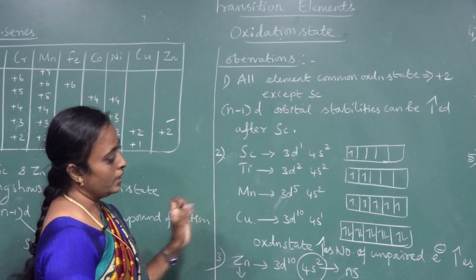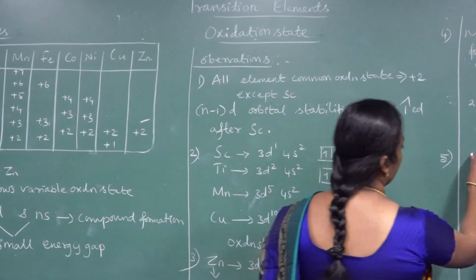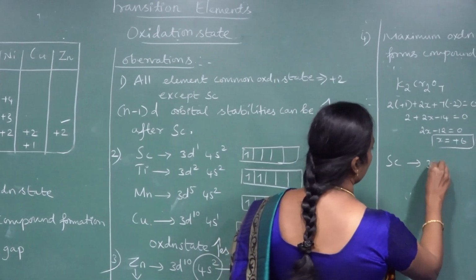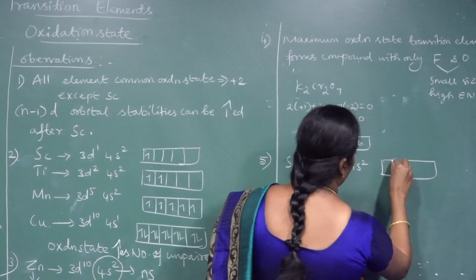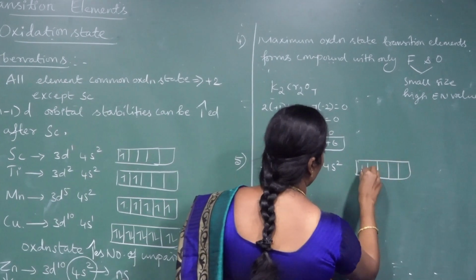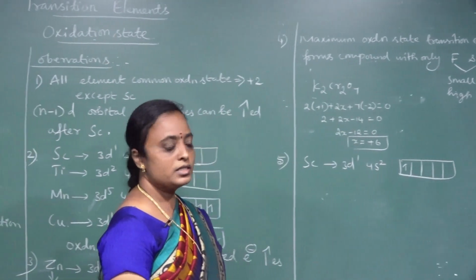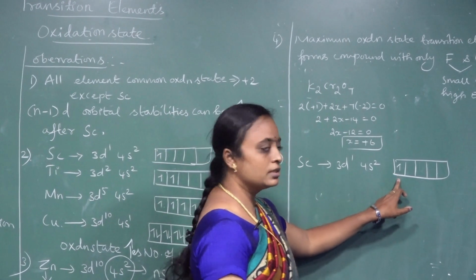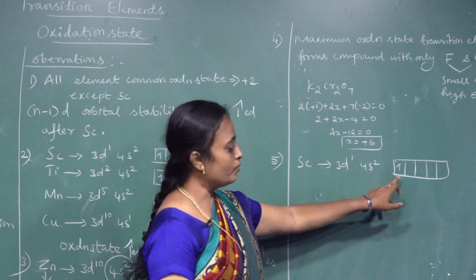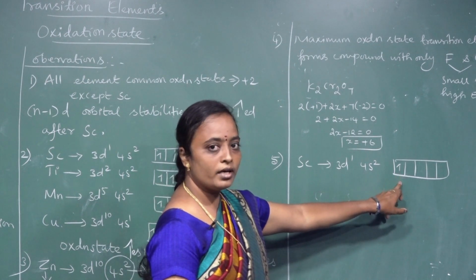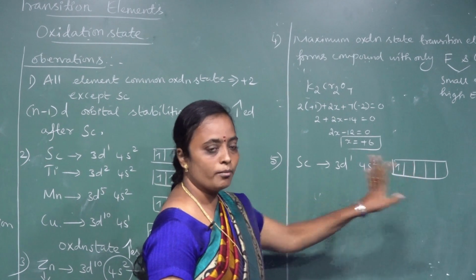Okay, so here if I am taking scandium alone, 3d1 4s2, scandium shows only 1 electron. That means this 1 electron is available to share or lose. Okay, this 1 electron orbital is only available for the formation of a compound.